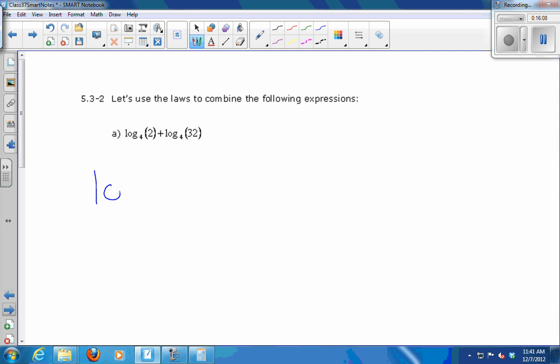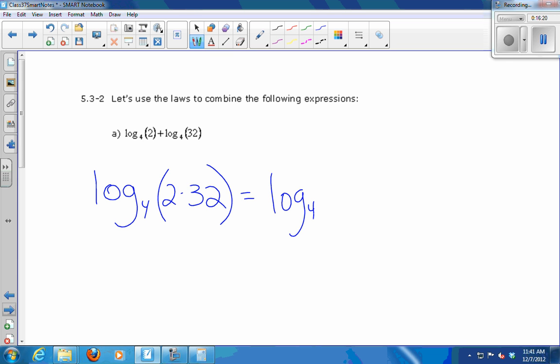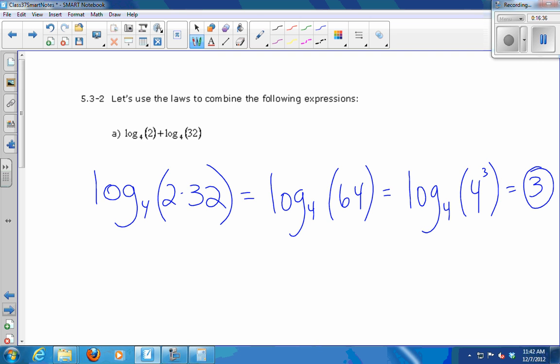So I could write this as a single logarithm of 2 times 32. So that would be log base 4 of 64, which is what? 3. Yeah, because this says rewrite 64 as 4 to the something, and that would be cubed, and lift off the 3.